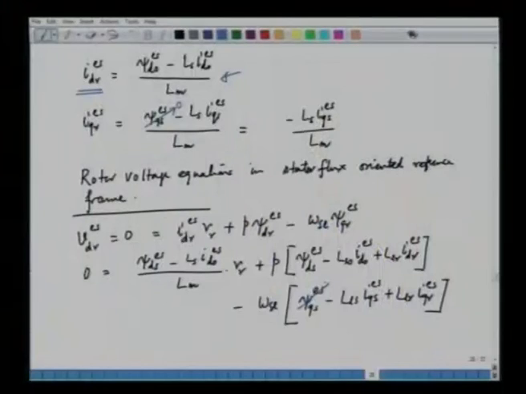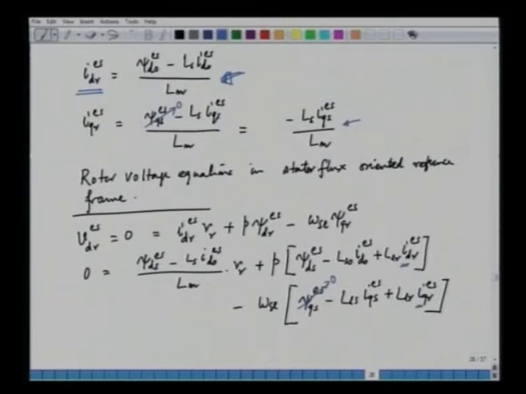What we can do in this case is that this quantity does not exist, so we put it equal to 0, and we can substitute for IDR. IDR is not known, so IDR can be written from this equation, and then we have to substitute for IQR, which is given by this expression.